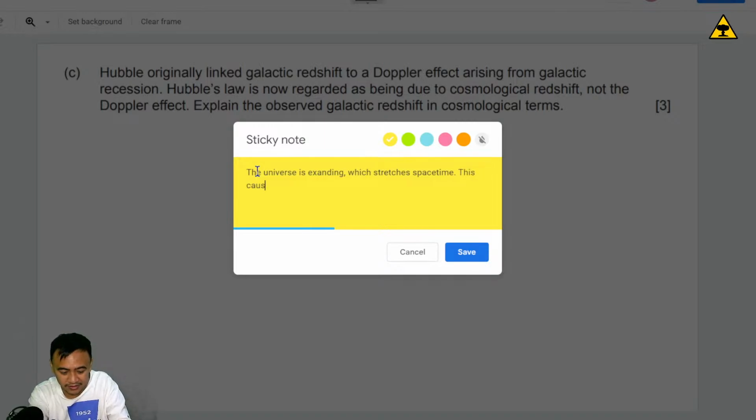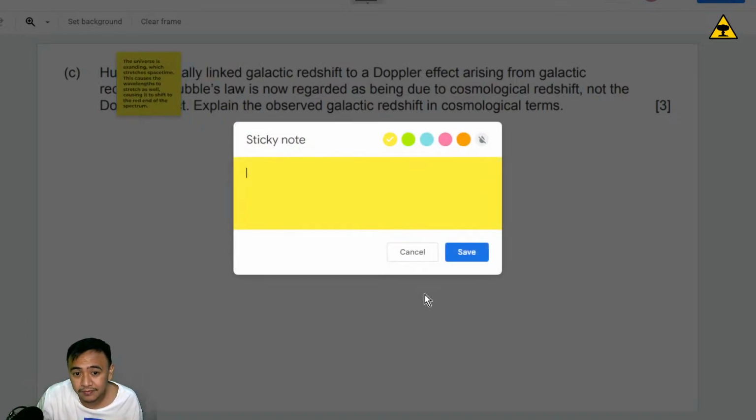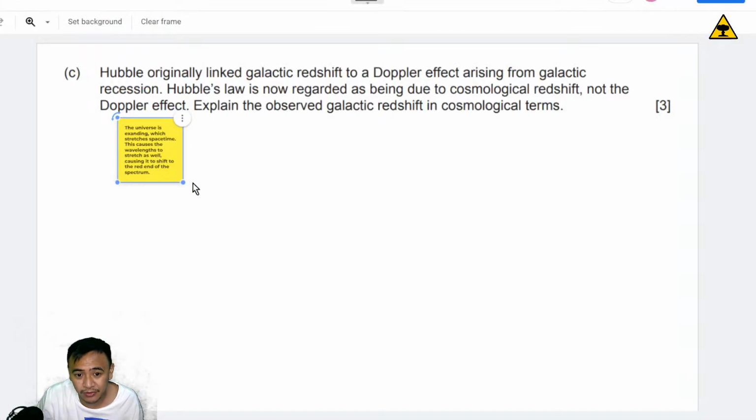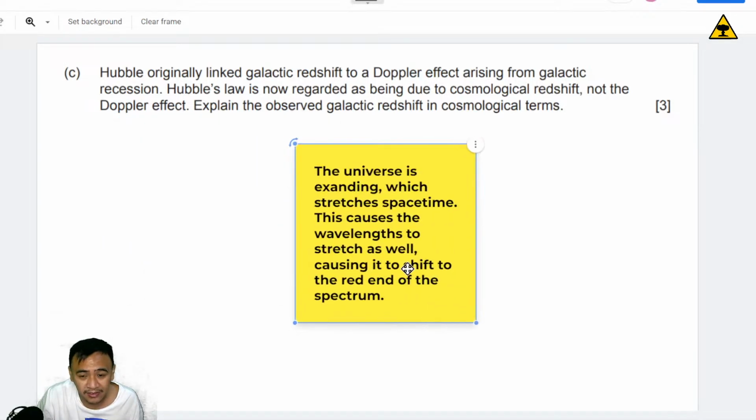This causes the wavelengths of light to stretch as well, causing cosmological redshift, causing it to shift to the red end of the spectrum. Okay, that's it. Okay, but that's not bad. 2 out of 3 is not bad. Okay.